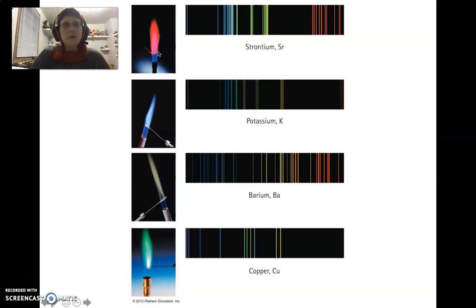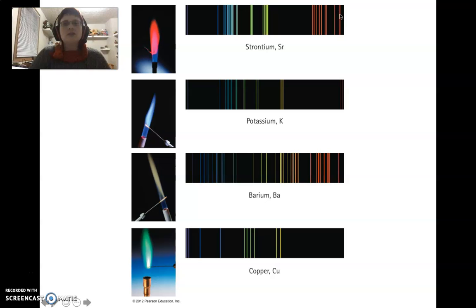When we take samples of, say, strontium, potassium, barium, copper, and we burn them in front of one of these spectroscopes, we get these kinds of readings. Instead of a complete, continuous, smooth set of light frequencies, we get specific bands.